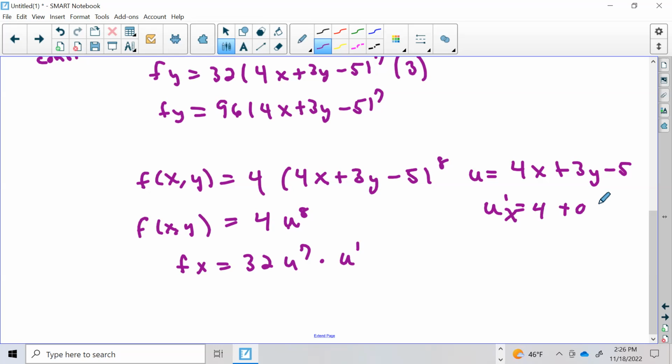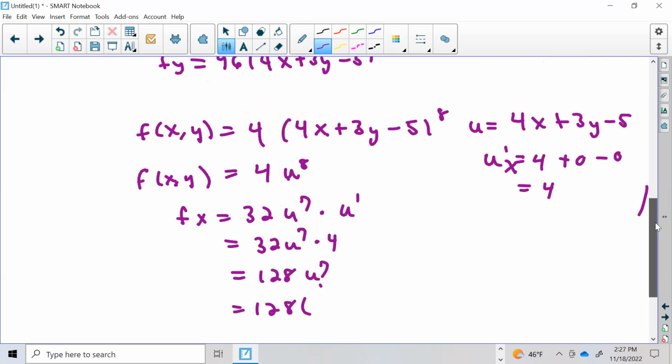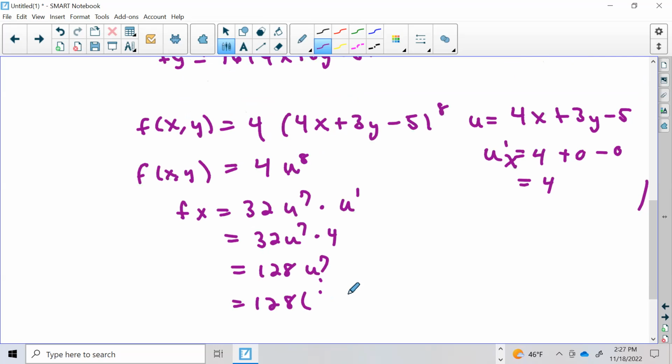And then again, this is plus 0 minus 0. So this would just be 4. And so this would be 32u to the 7th times 4, which is 128u to the 7th, and then you have to substitute your u back in, which is the 4x plus 3y minus 5.